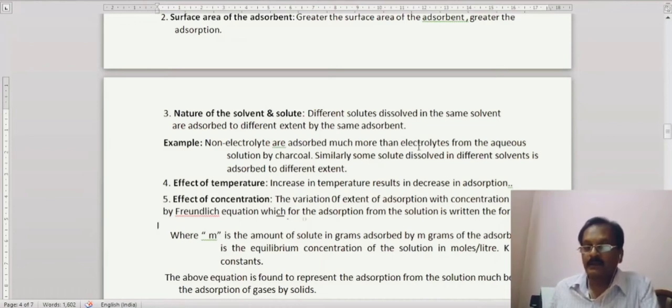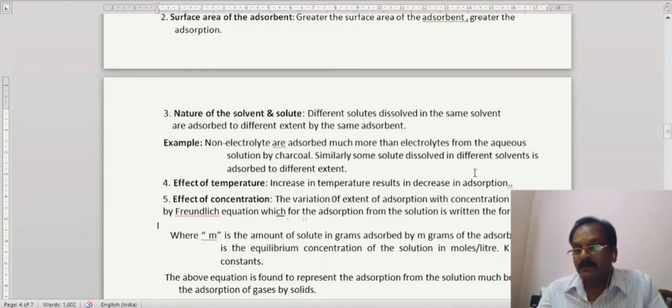And as you know, the effect of temperature: an increase in temperature results in a decrease in adsorption. As I told you in the beginning, adsorption is an exothermic process, so on increasing the temperature, the adsorbate molecules acquire energy, the bonds with the surface of the adsorbent break, and slowly the molecules go away from the surface of the adsorbent.